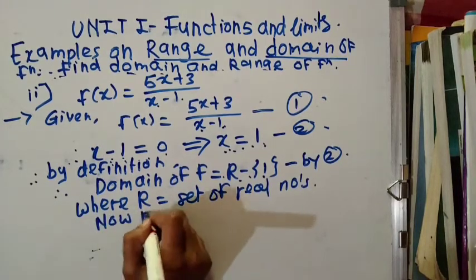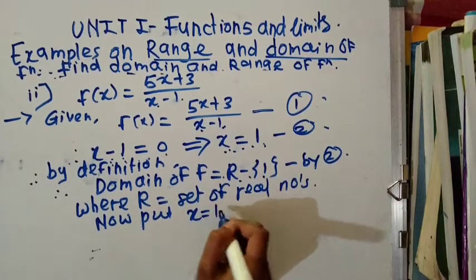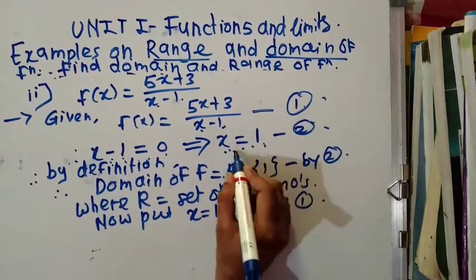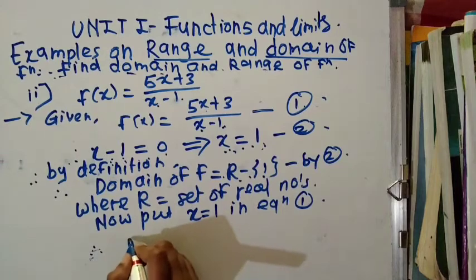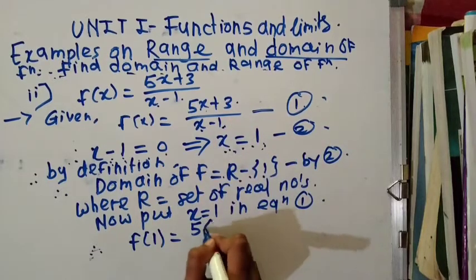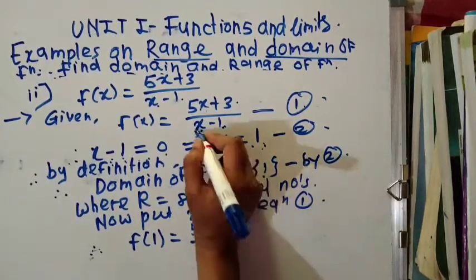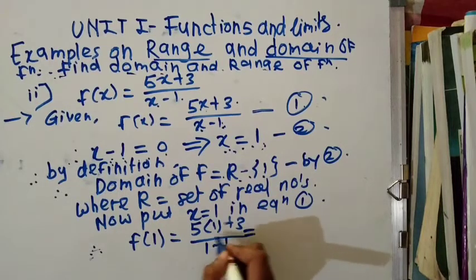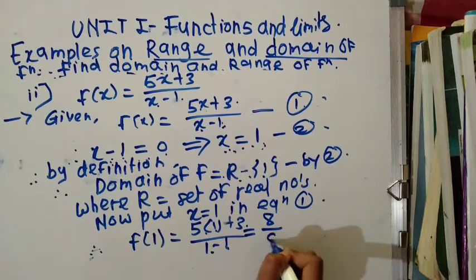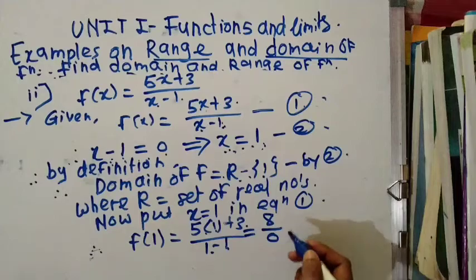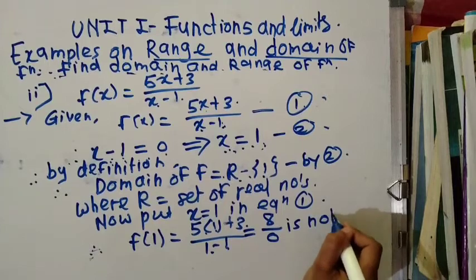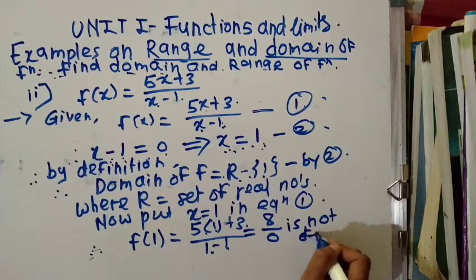Now put x is equal to 1 in equation 1. So we get f of 1 is equal to 5 into 1 plus 3 upon 1 minus 1, is equal to 5 plus 3, 8, upon 1 minus 1, 0. So 8 upon 0, we cannot find its value, so it is not defined. 8 upon 0 is not defined.